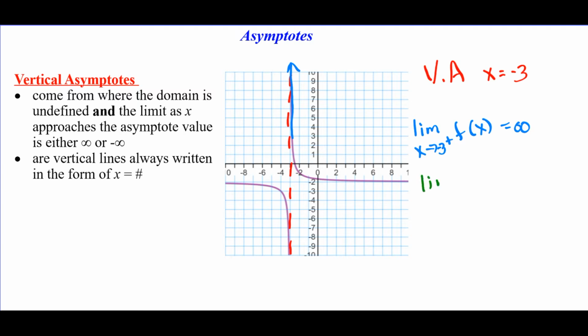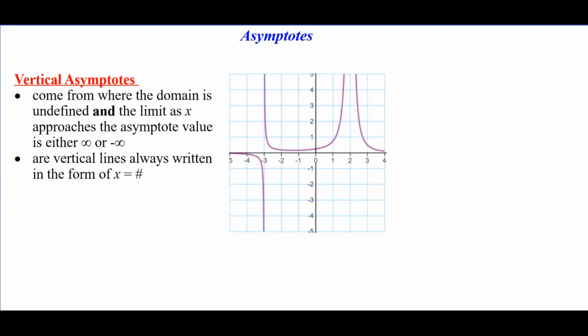Looking at the limit as x approaches -3 from the negative side, the left-hand limit, we're going down forever, so this is negative infinity. So this function is undefined at -3, and we're approaching positive and negative infinity at those limits.